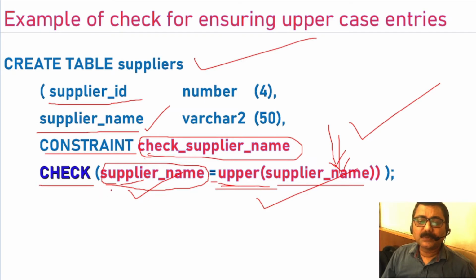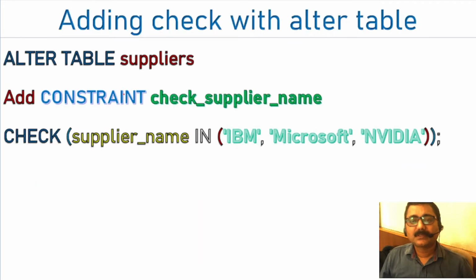In the other case, suppose you have supplied the name in lowercase, and by converting it into uppercase, it will not match, and then your data will be rejected. This is the perfect example of a check constraint which will make sure that a name entered by the user must be in uppercase.